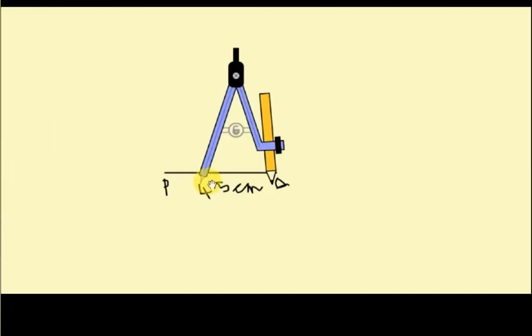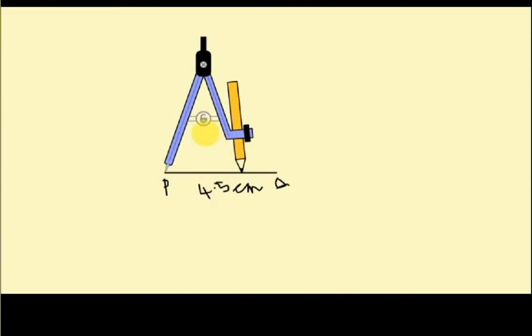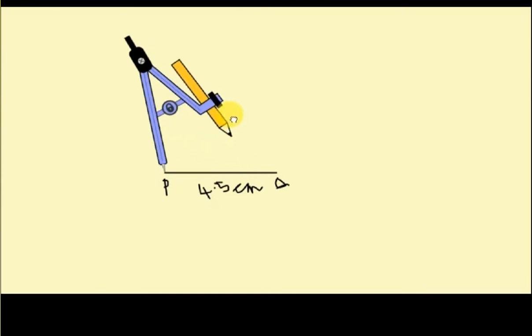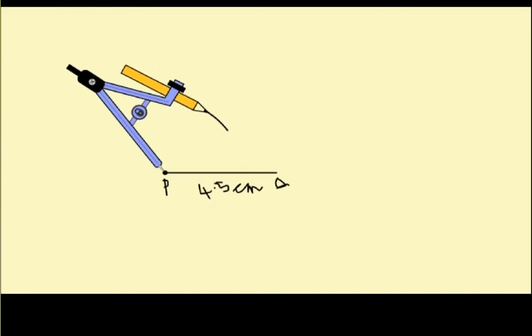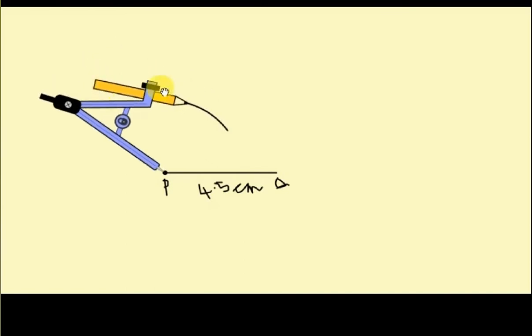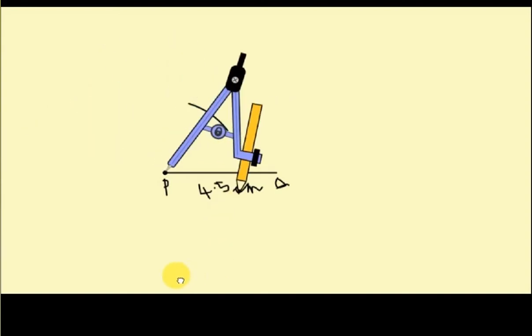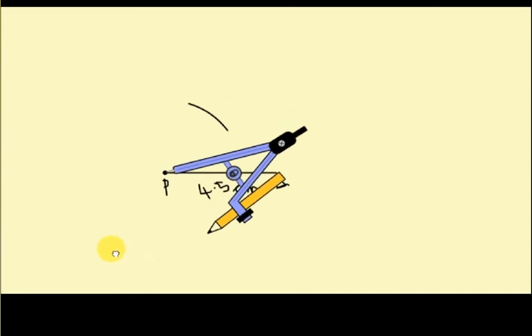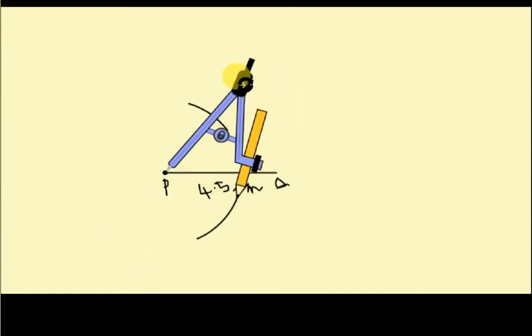Now we are going to bisect our PQ line. For that I am taking more than half of this PQ line. I am placing my compass on point P. From point P we cut an arc on top, and from point P we cut an arc at the bottom.